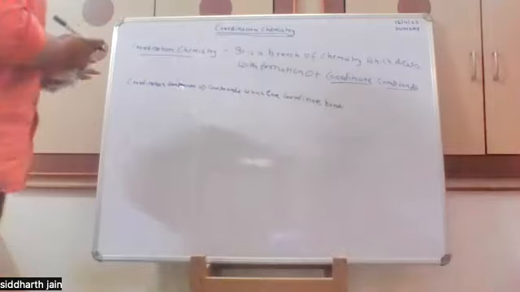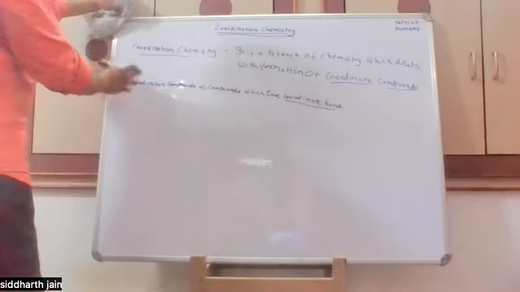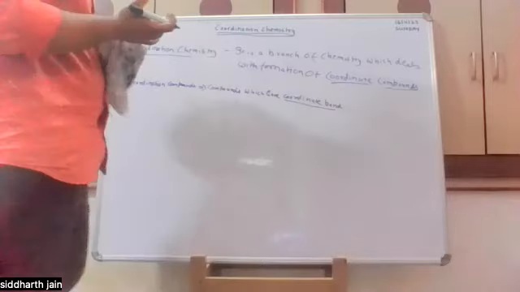So in this, we are having coordinate bond. Those compounds are called coordination compounds. So coordinate bond is not a simple bond. It is a special type of bond.